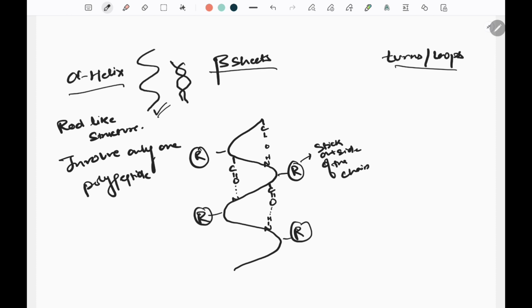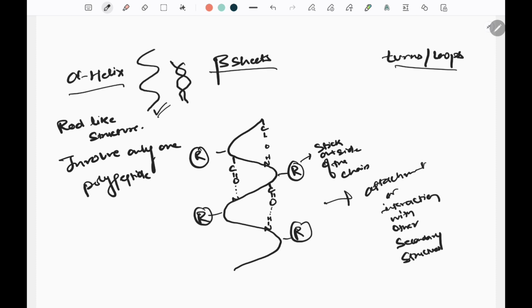This helps in attachment or interaction with other secondary structures.